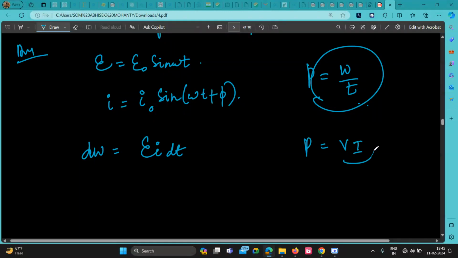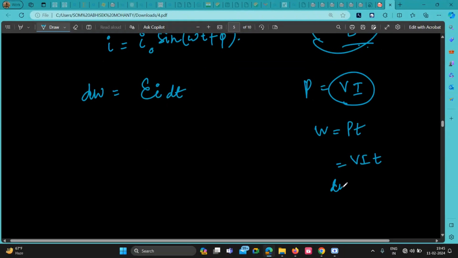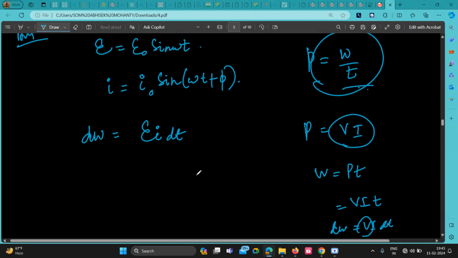How? Because we know power is equal to potential into current, so W is equal to P t from here, so V I t, and dW is V I dt, and V is actually EMF, so E. Now put the value of E and I: E naught sine omega t into I naught sine omega t plus phi dt.